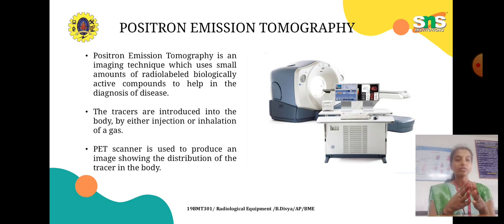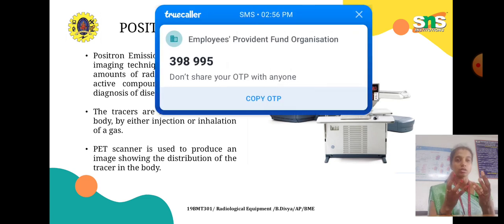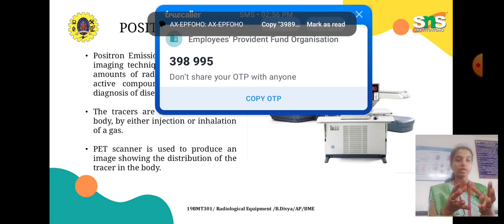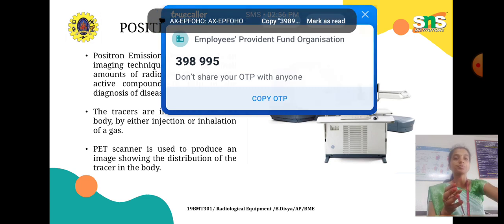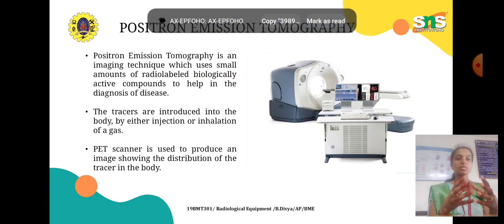This will identify clearly what has happened in the body. It will be distributing the traces all over the body. The traces, in the sense, the thing which we are inhaling, will fall into the tissues where it is found, and that will be helpful to identify what is happening.